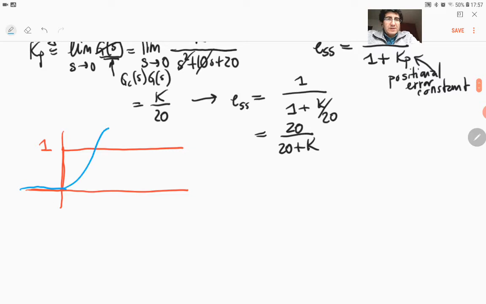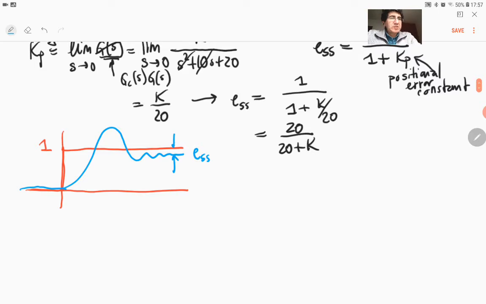We will have a second order response, and then the oscillations will stop eventually, and at the end we will have a positive ESS. That means the response will stay below the reference.